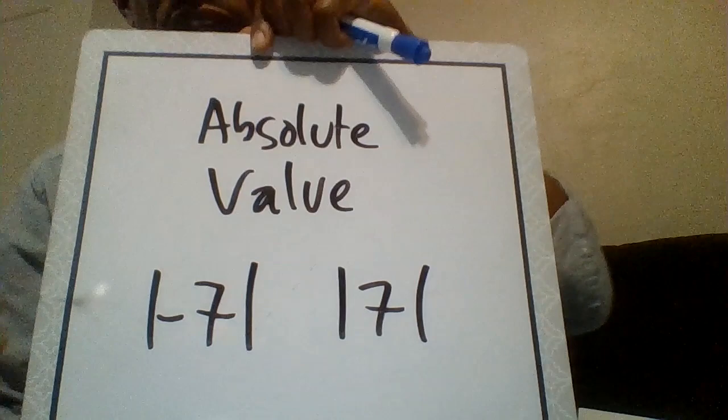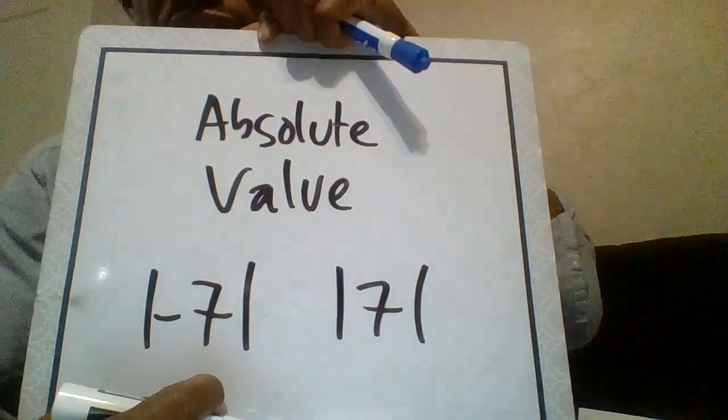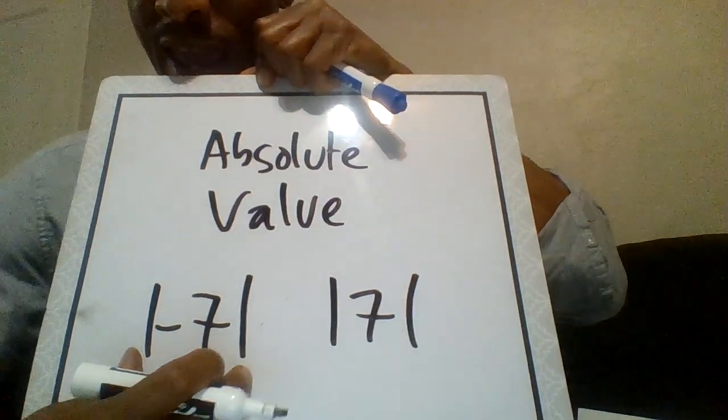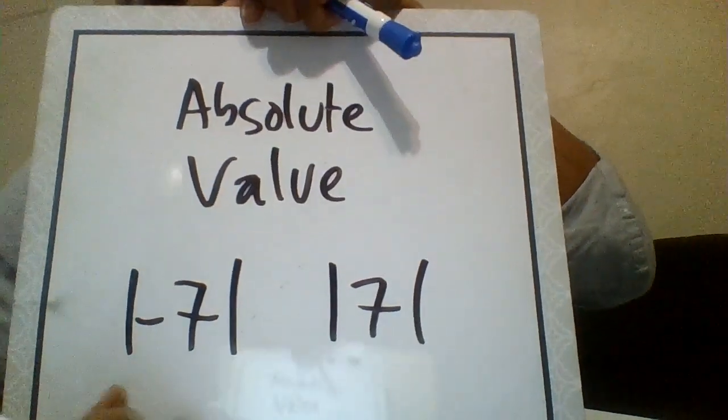So, absolute value. We had a conversation about this. We said, what is a distance a number is from 0? This is what these two lines mean. I kind of joke with you guys and say, hey, how far is negative 7 from 0?